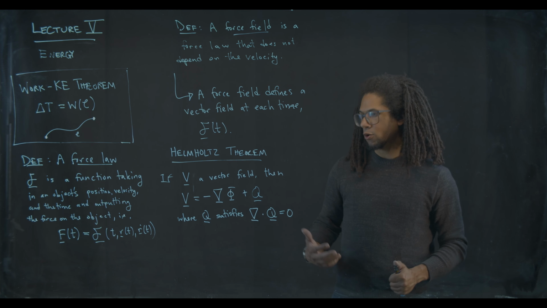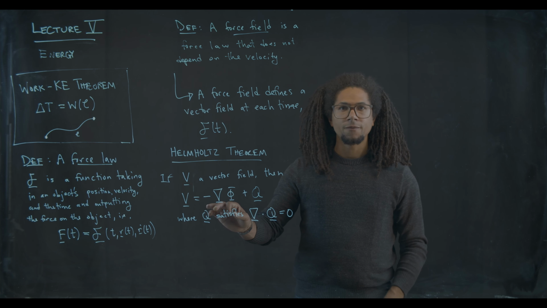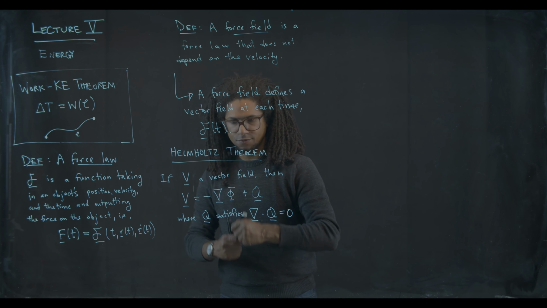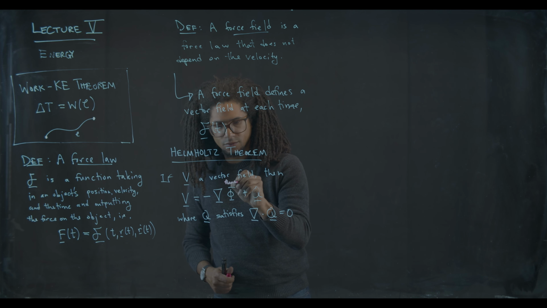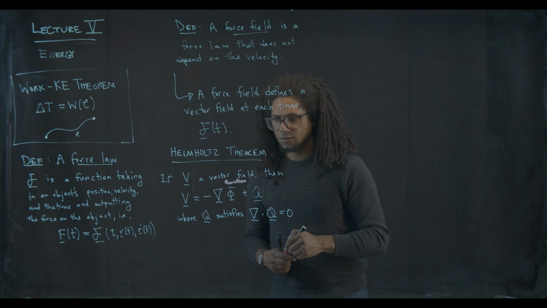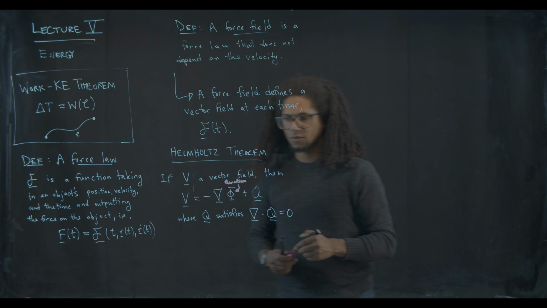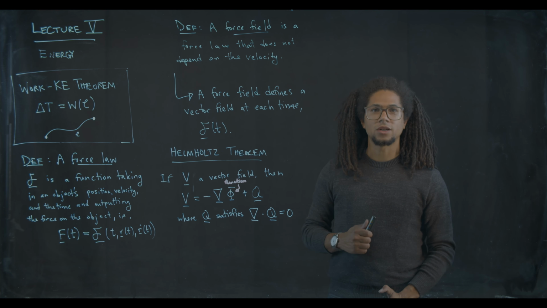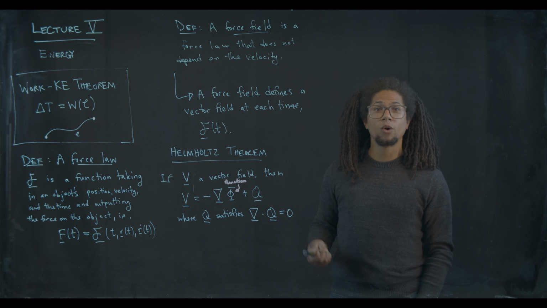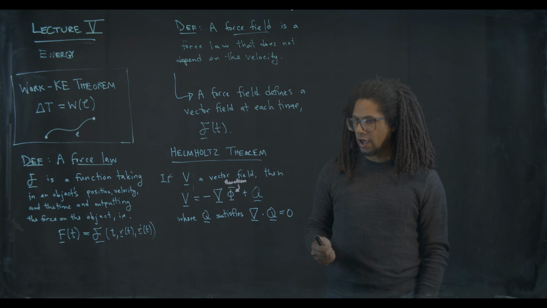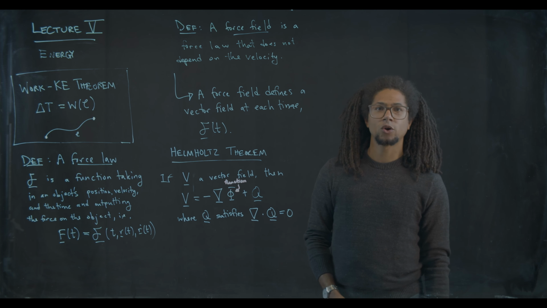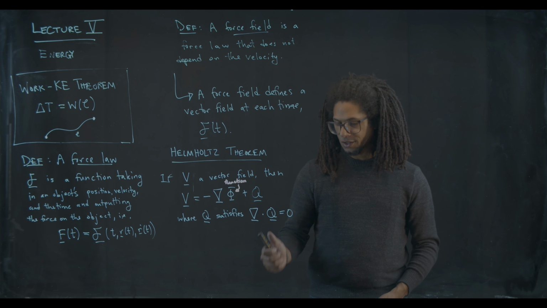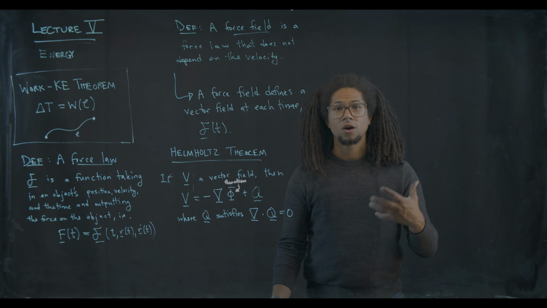So just a recap or a refresher, del, this object, acting on a function, so phi is a function, is called the gradient. The gradient is an object which takes a function to a vector field. Okay? This object down here is the divergence. The divergence is an object which takes a vector field like Q to a function.